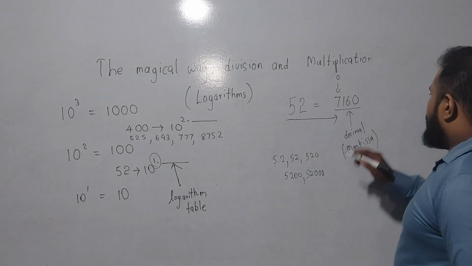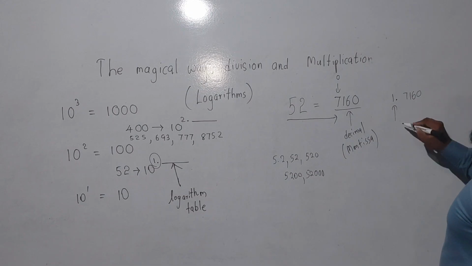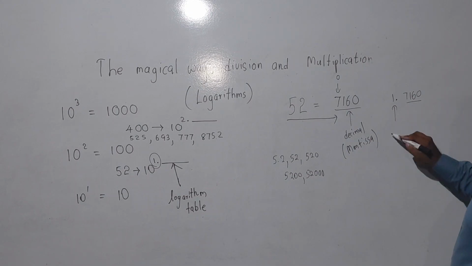That part is called the mantissa. So, the mantissa is this part. This part is called the characteristic.